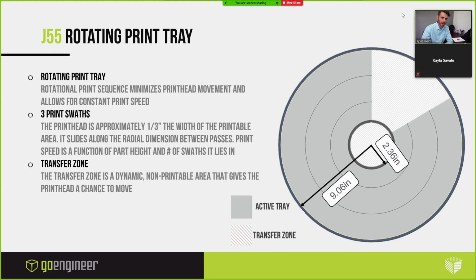So you have the rotating tray, like I mentioned, and if you look at the image here, you'll see that we have what I've labeled as an active tray and what's labeled as the transfer zone. That transfer zone is dynamic. It changes size depending on the parts that you place on the platen. And it's something that I'm looking forward to playing around with.